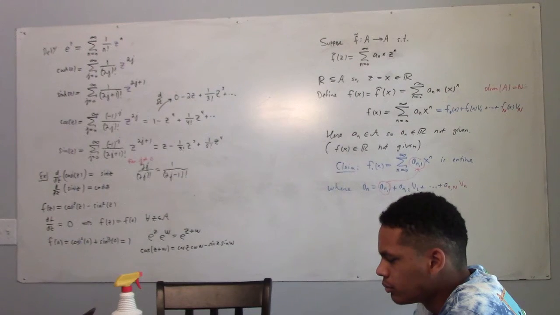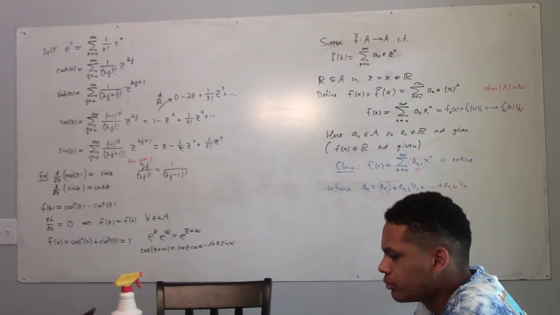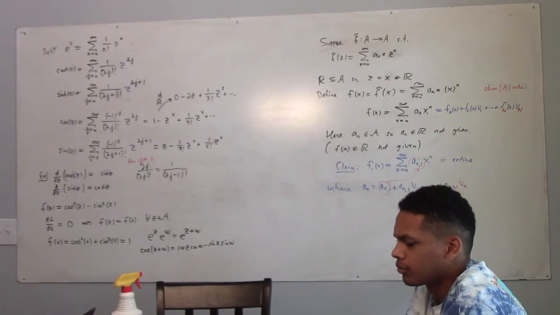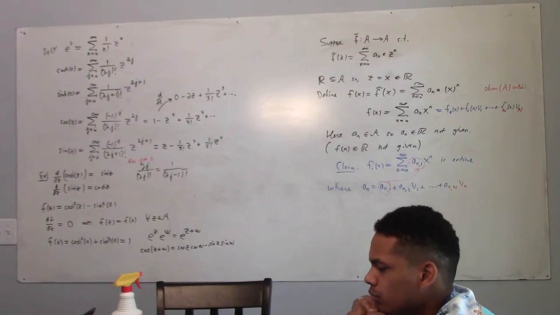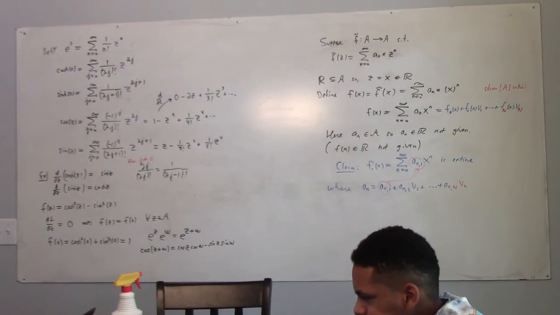So the exponential is entire. You have the law of exponents, and the exponential of 0 is 1, and the exponential is always a unit because it can't be a zero divisor. It's actually very interesting, because the exponential of minus z is the inverse of the exponential.